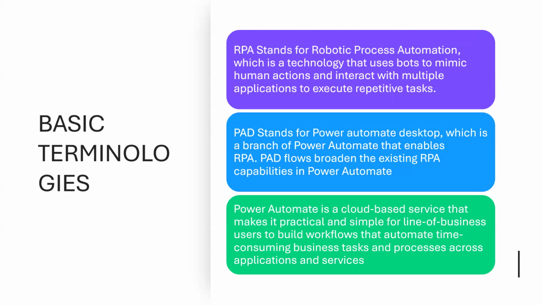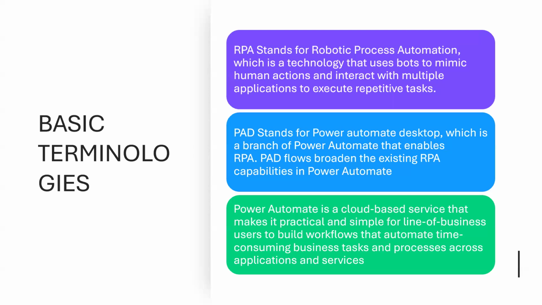And in Power Automate, we have two things here. One is Power Automate Desktop and the second is Power Automate Cloud. Power Automate Cloud is basically a service from where we can automate our Power Automate Desktop flows. We can also build workflows there.